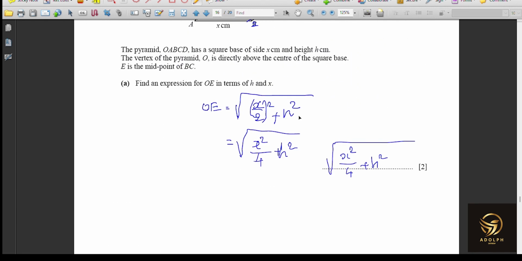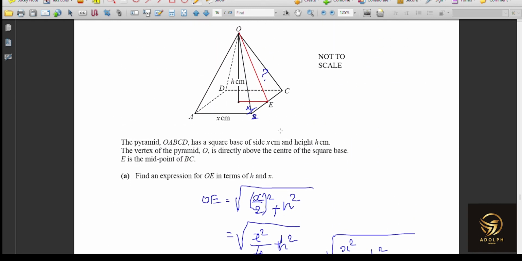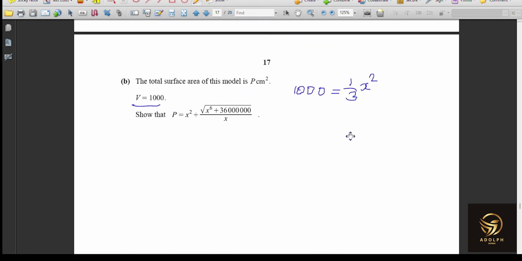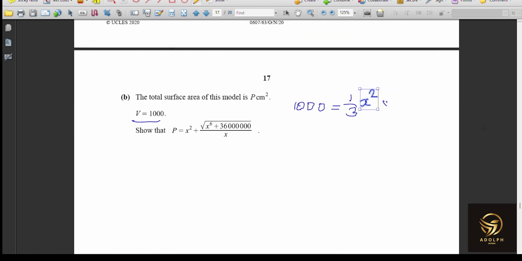Now we find the h value and replace it, as we did in the previous subdivisions. So 3 into 1000, it's going to be 3000 by x squared.